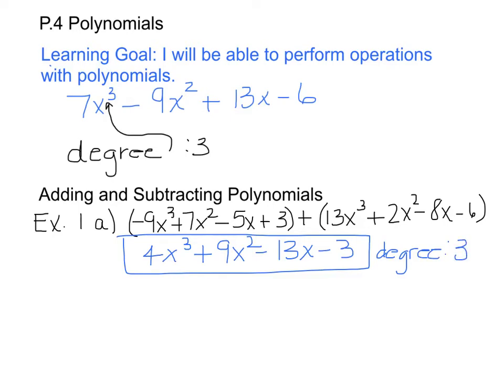that's the largest exponent. Okay, and then subtracting is similar, but you just have to make sure you look out for the negative. And I'll just write this one out too.